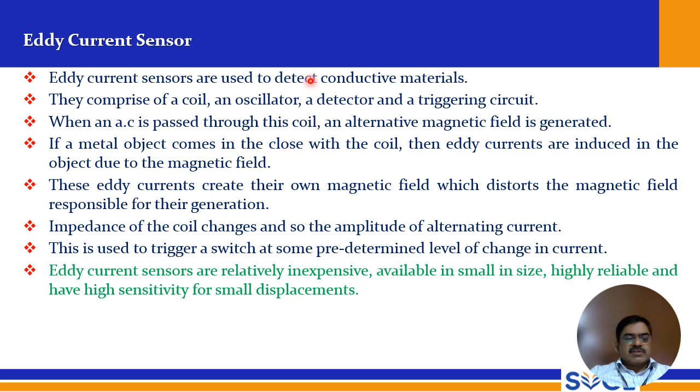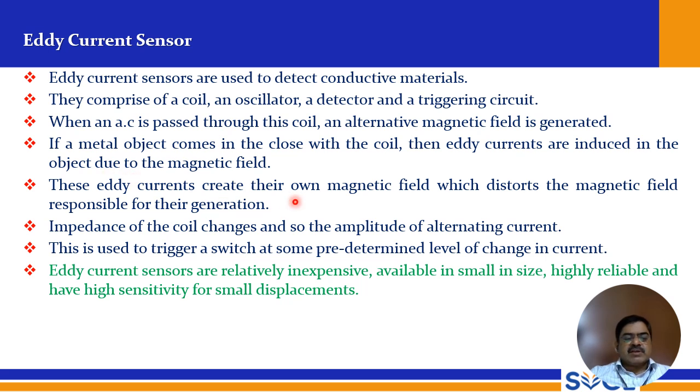Eddy current sensors are used to detect conductive materials. They comprise a coil, an oscillator, a detector, and a triggering circuit. When an AC is passed through this coil, an alternating magnetic field is generated. If a metal object comes close to the coil, then eddy currents are induced in the object due to the magnetic field.